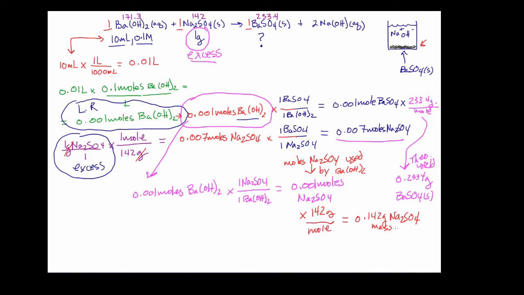And this is mass of Na2SO4 used. So to find the mass of the remaining, we're going to take 1 gram of Na2SO4, and this is the excess.